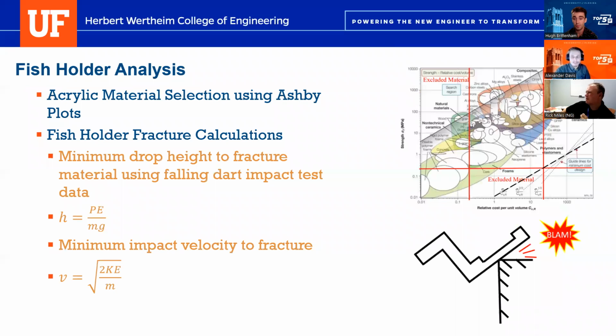For the fish holder, we did the impact velocity and height. We felt as if that was probably the most likely mode of failure for that piece, especially because it's so small to hold in your hand when you're trying to sterilize it. That's also why we tried to go with a singular continuous piece of material for that as well.